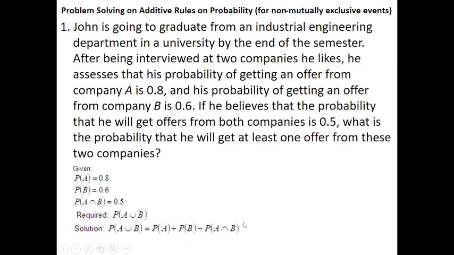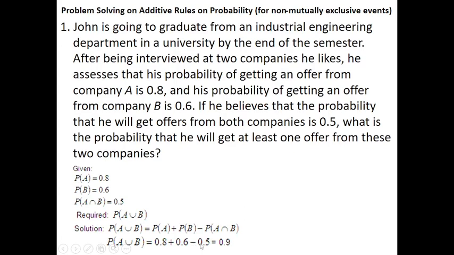Okay? So in this case, we can now use this additive rules and probability formula. So let's apply. In this case, we have 0.8 plus 0.6 minus 0.5, and we get 0.9. So this is the probability that he will get at least one offer from these two companies, which are A and B. So we have 0.9.